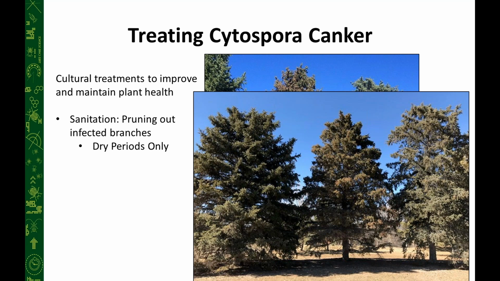The reason for that is Cytospora canker wants to move in through wounds, so it can move in through pruning wounds. And Cytospora canker needs mild temperatures and adequate moisture to invade the plant. So if we do it during periods where we're not going to get rain, it allows the plant to begin to callus over, and it is not going to allow that disease to even grow in that situation.